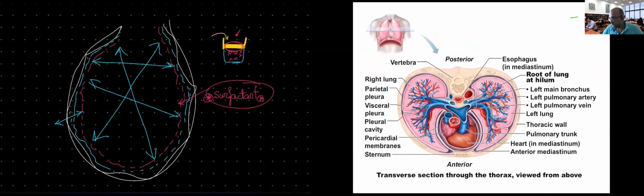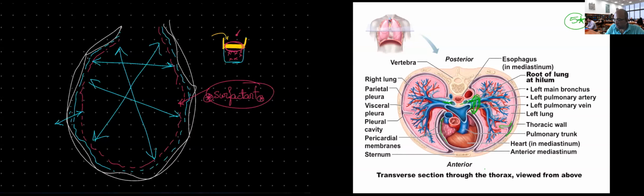A five-star diagram on here. This is going to be the diagram showing the transverse section of the thoracic cavity, showing the lungs surrounded by this double layered serous membrane. This is my pleura. Showing the hilum of the lungs. This is where the pulmonary artery and vein are going to enter and exit, and the main bronchi as well.